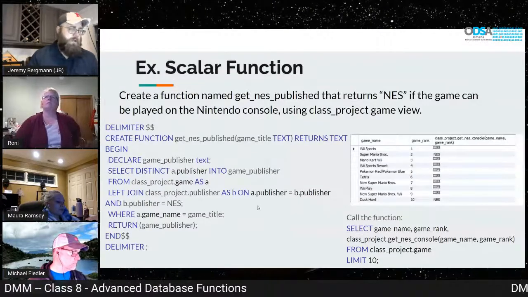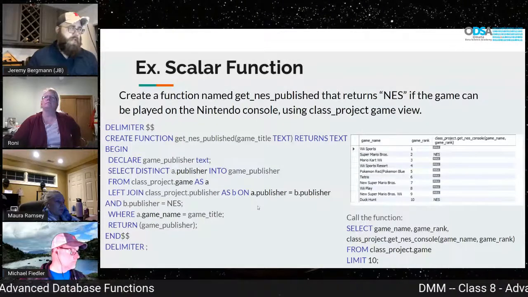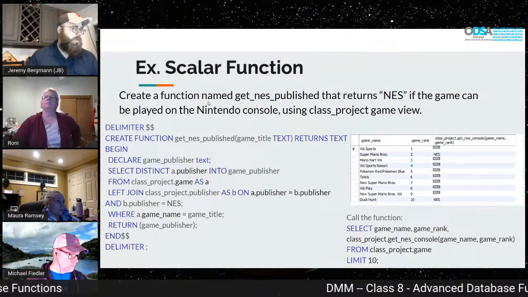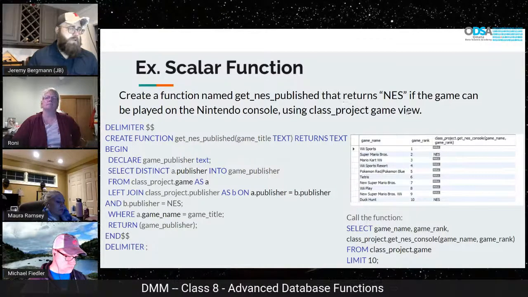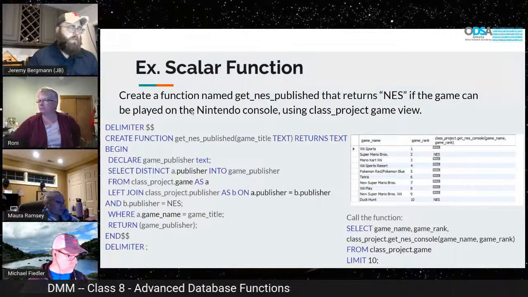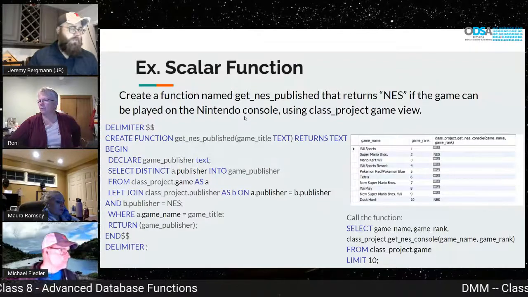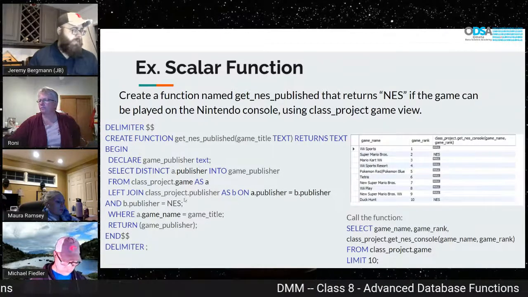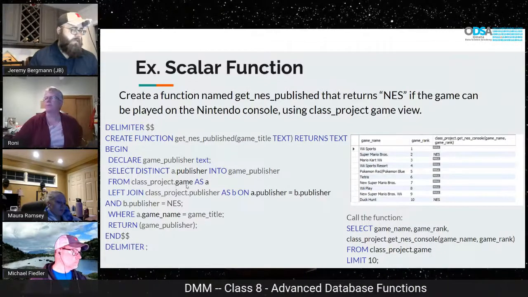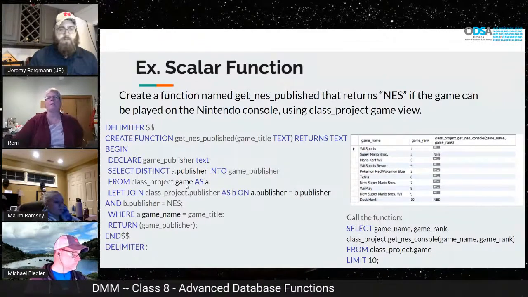All right, so here's an example of a scalar function. We're going to create a function named getNESPublished that returns NES if the game can be played on the Nintendo console. We're going to use the game view from the class project to run the scalar function on it.